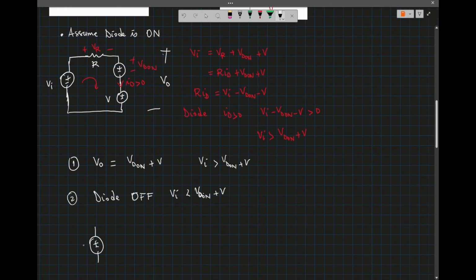So in that case, let me redraw the network. We have the input voltage VI, and then the resistor, and the diode is off. Then I have the bias voltage V, and the output voltage is the voltage across here, V0.